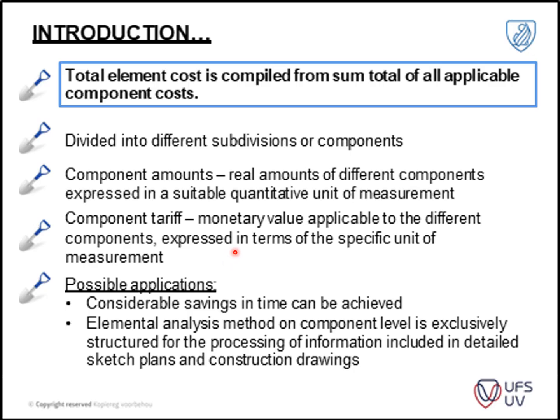Here is where you have your grouping of elements that are related to the trades in your BOQ. If you have a priced BOQ, you can easily calculate your elemental rates or tariffs that you need to include.